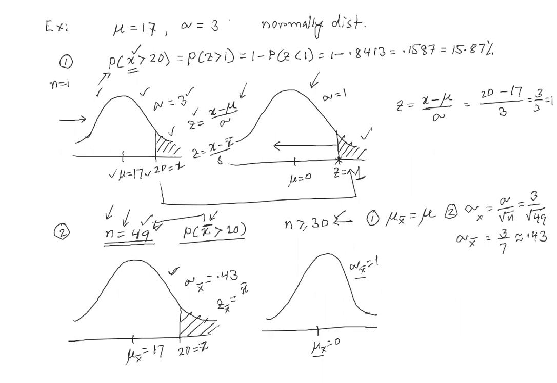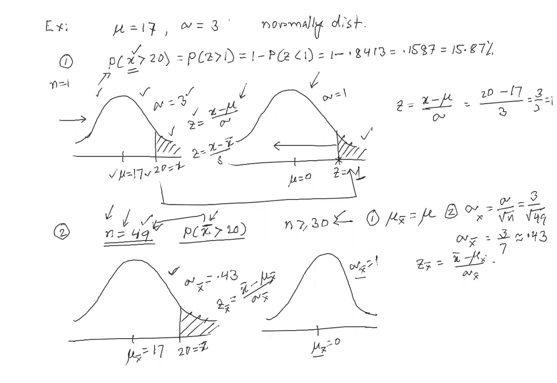That number is actually the average of those 49 students. So Z sub X bar is equal to X bar minus mu sub X bar over sigma sub X bar.